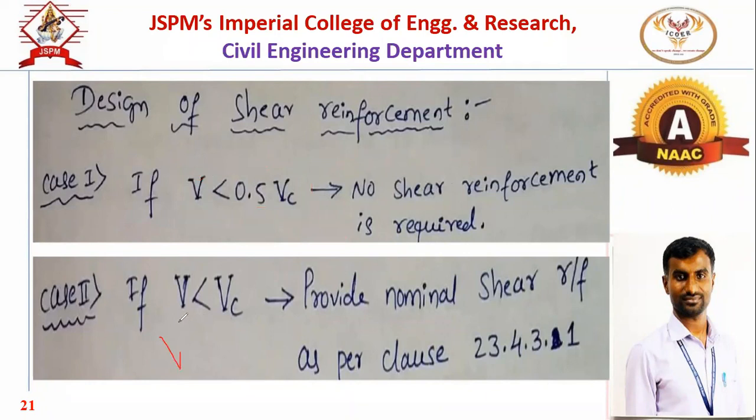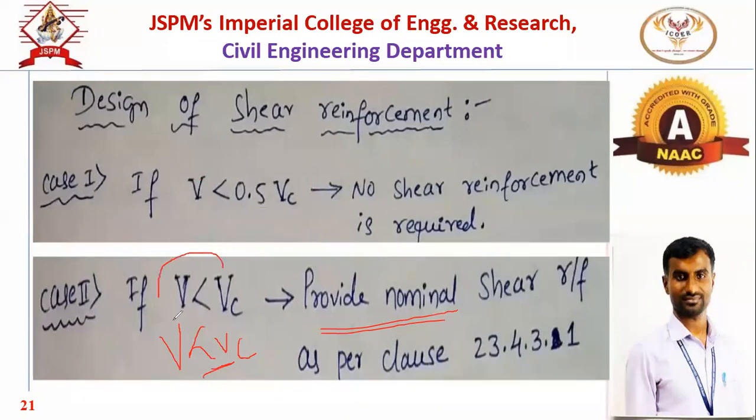And if the shear force developed is less than the critical shear resistance, in that case we have to provide the nominal shear reinforcement. So when to provide the nominal shear reinforcement?